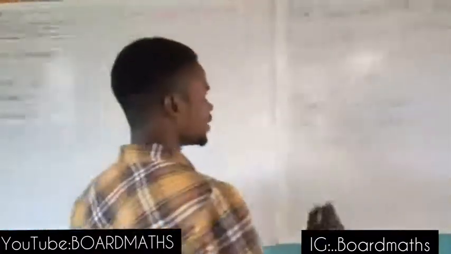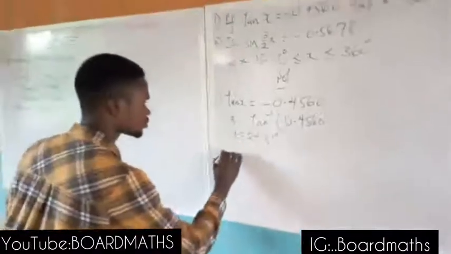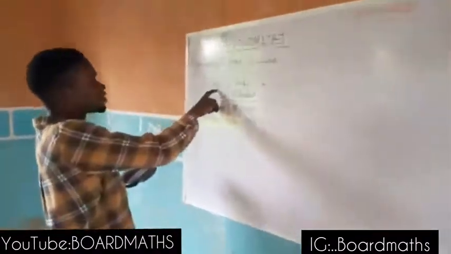So x is now equal to, under the second quadrant, 180 degrees minus angle.